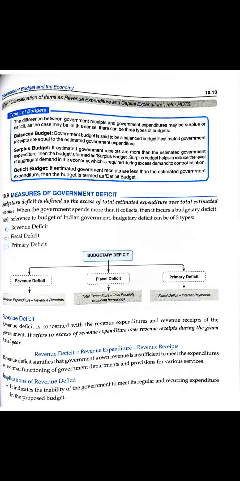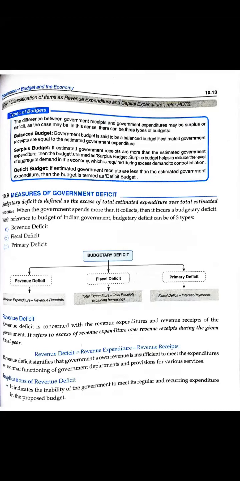And second thing is non-tax revenue like fee, estates, and so many things we have discussed. Then capital receipts, either through borrowing from other countries or from post small savings or recovery of loan. So these are all the capital receipts.